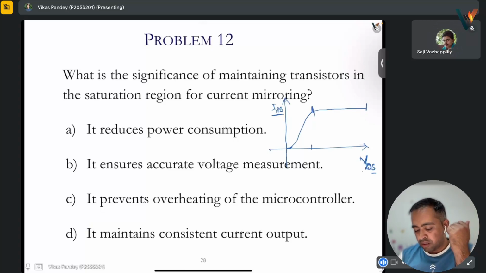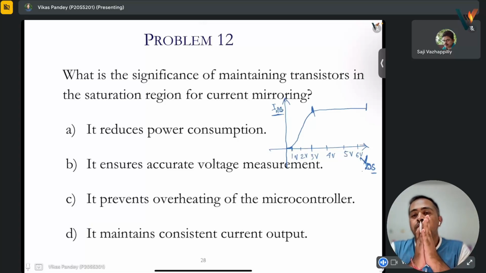Let's say this is 1 volt, 2 volt, 3 volt, 4 volt, 5 volt, 6 volt. Till 1 volt, this transistor was off, with no current whatever the voltage.